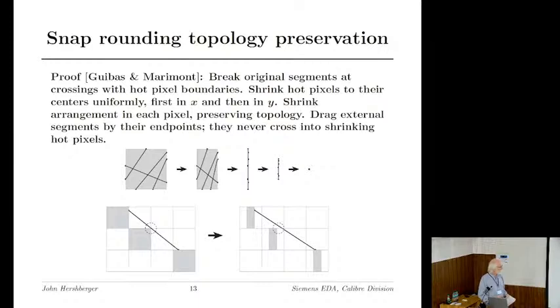And that means that the arrangement inside the hot pixel as it shrinks uniformly along with the pixels, so all the topological relationships inside the pixel are preserved. The segments that are outside the hot pixels are just dragged along by the endpoints. They remain straight line segments being dragged along by the endpoints.